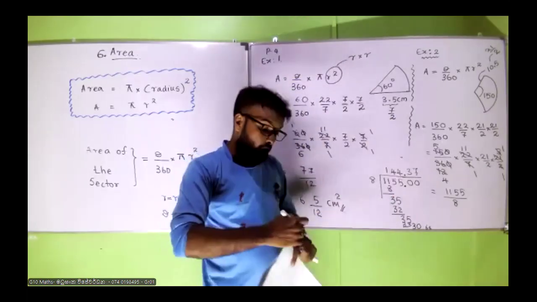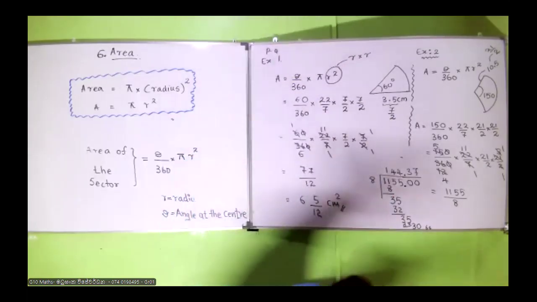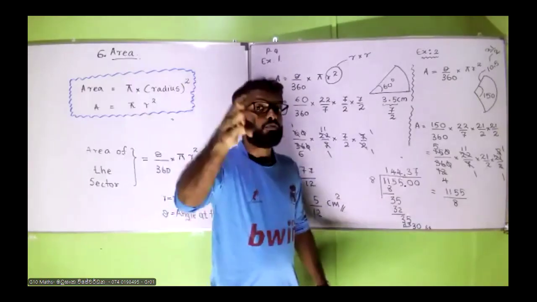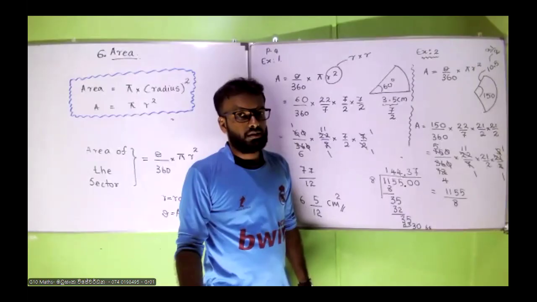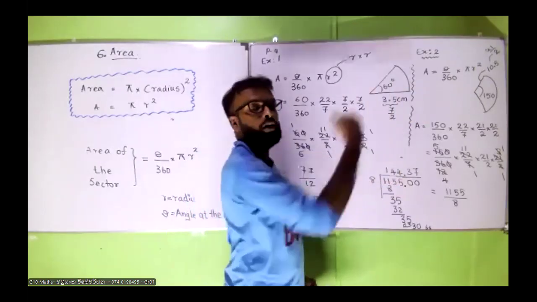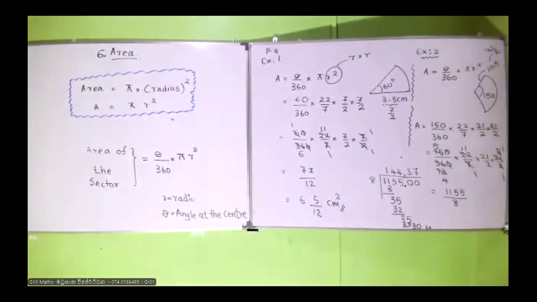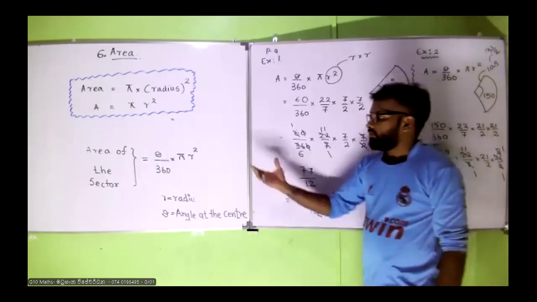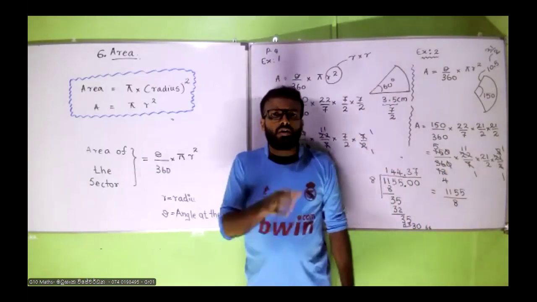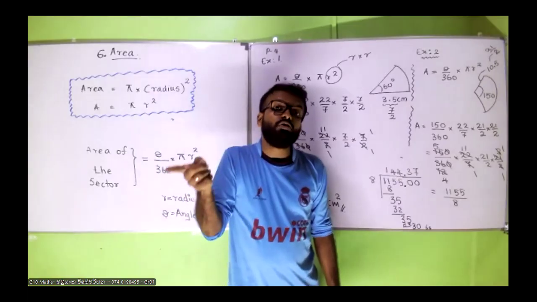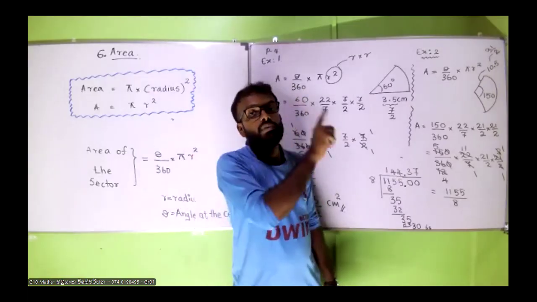If you are going to round off any given answer to the first decimal place, initially you need to calculate for how many decimal places?